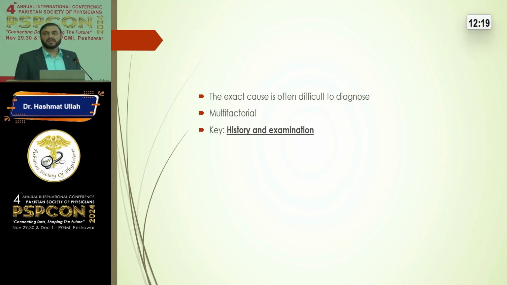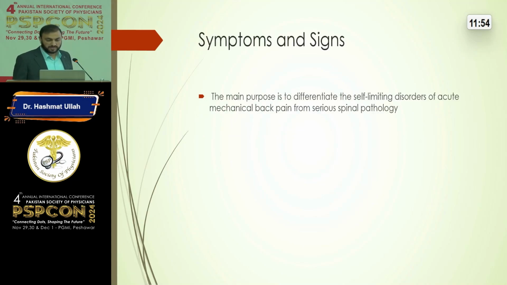The exact cause is often difficult to diagnose, and it is multifactorial, and the key is the history and examination. Probably this is the most important thing that we are lacking, either because of lack of time, too many patients, or neglecting some of the very serious complaints of the patient, who may be saying it by the way.